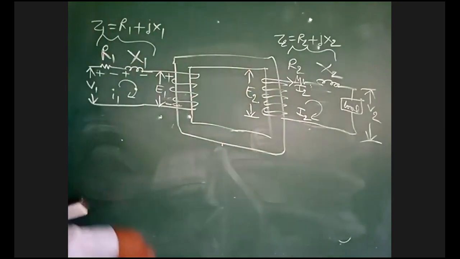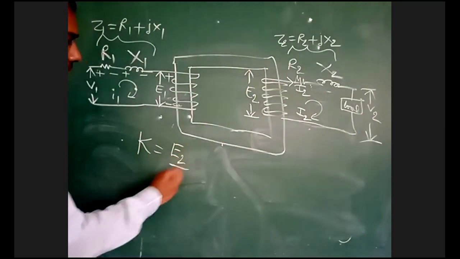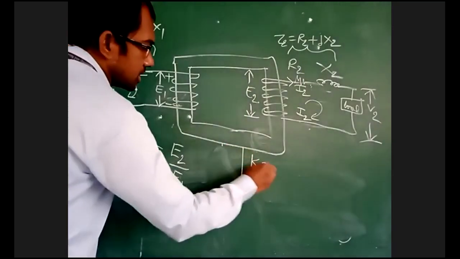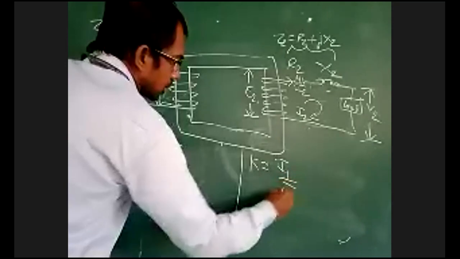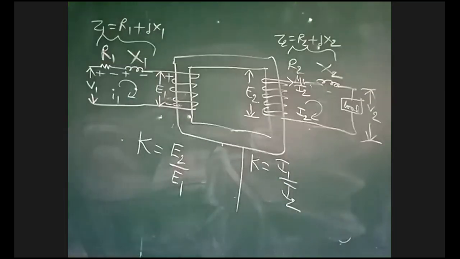See here, we know K is equal to E2 by E1 and K is equal to I1 by I2. We know this formula, transformation ratio.